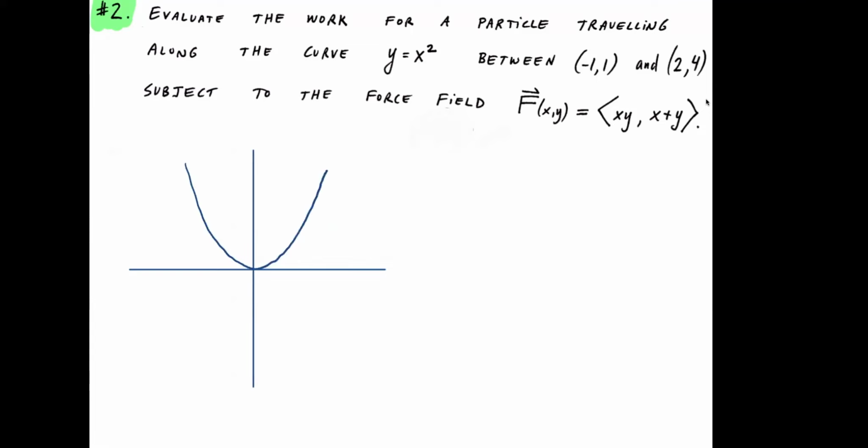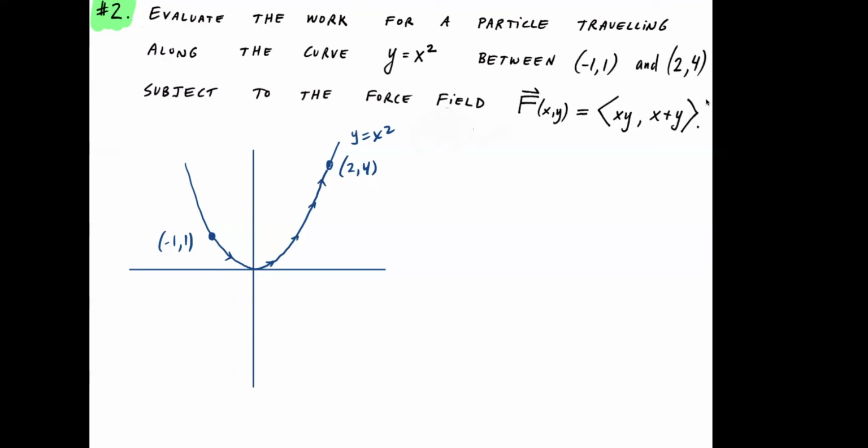Okay, well, maybe that's okay. We're starting at some point (-1, 1), and going to some final point (2, 4). And this is along the parabola y equals x squared. Okay, and our orientation, or direction, is this direction.